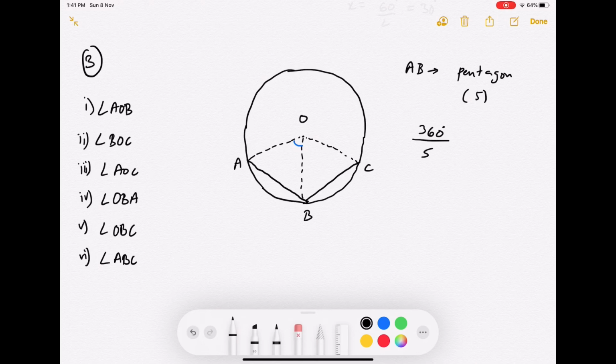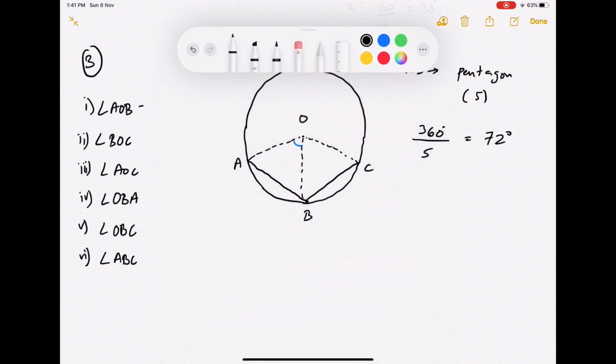So I can divide 360 by 5, and if I calculate that, I should get 72 degrees. So the measure of angle AOB comes up to be 72 degrees.